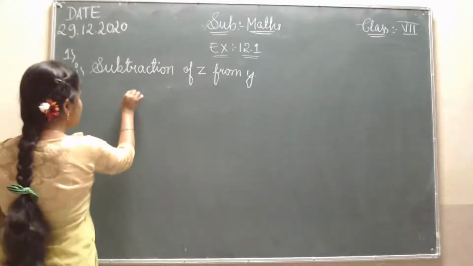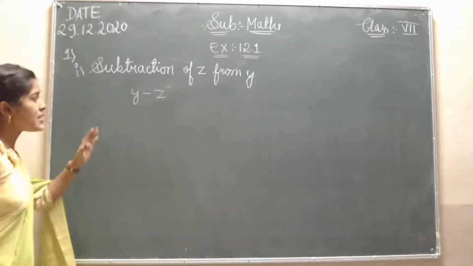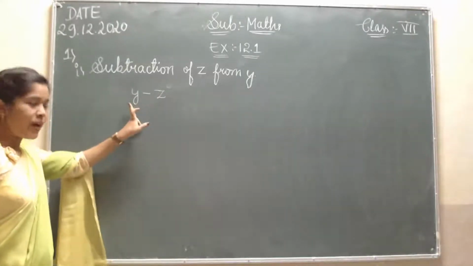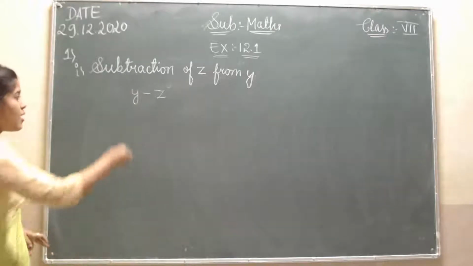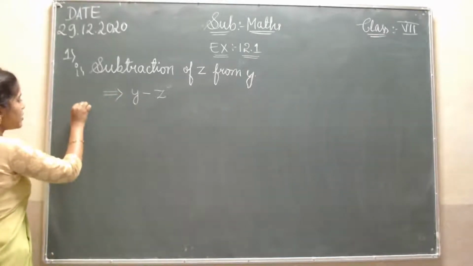So first we have to write y minus z, because we are subtracting z from y. So y minus z is the expression here.